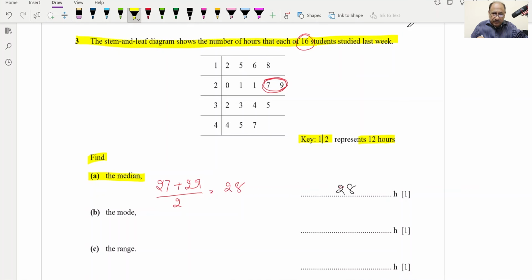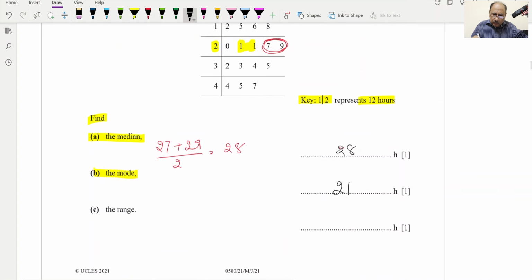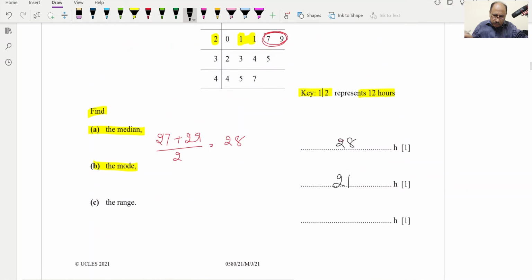Now next they are asking for the mode. Mode is the most occurring or most repeating, and the most repeating, you can see this is 1 and 1, which means 21. So 21 is the most occurring. Then they are asking for the range.